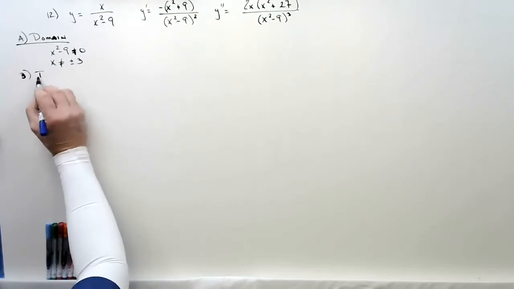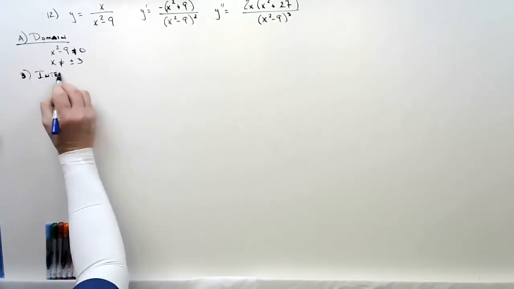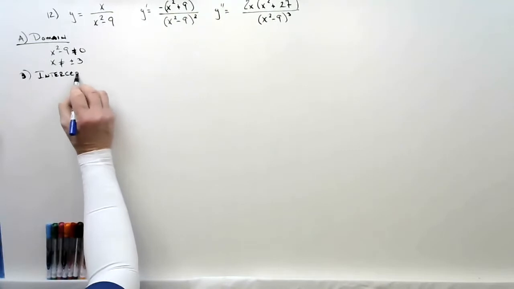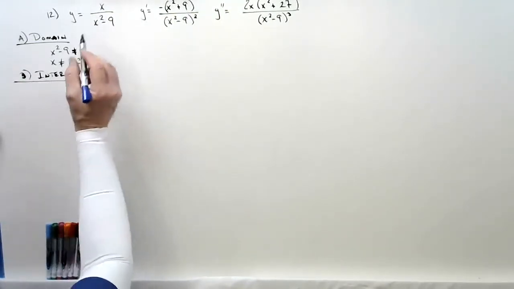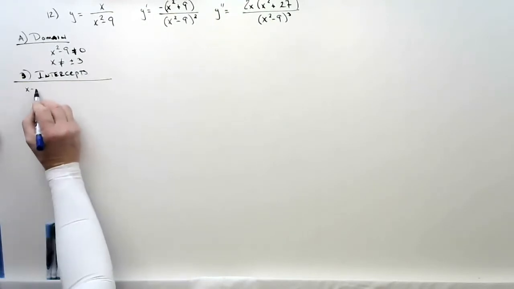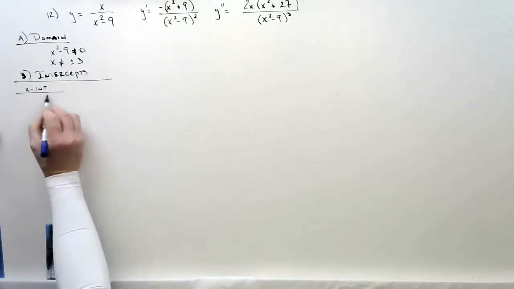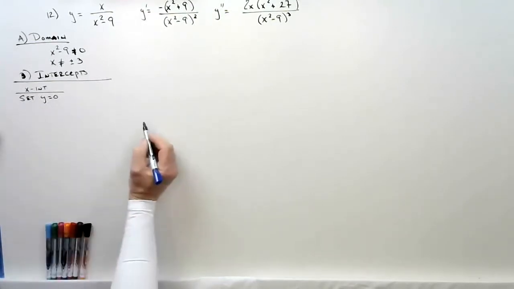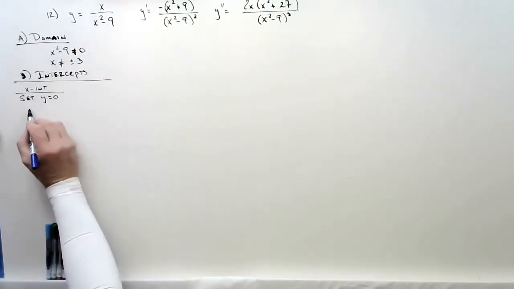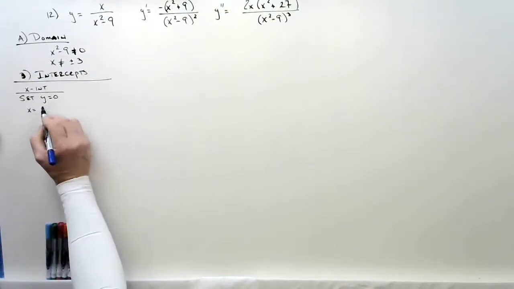B, we're going to find intercepts. We know that the x-intercept is found by setting y equal to 0. This is a fraction. Fractions equal 0 only when the numerator equals 0.